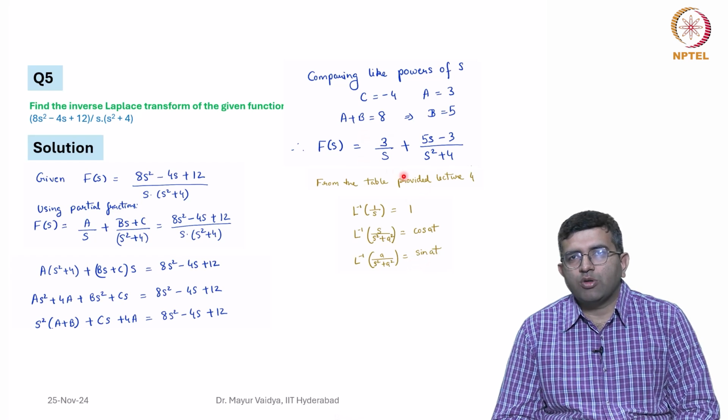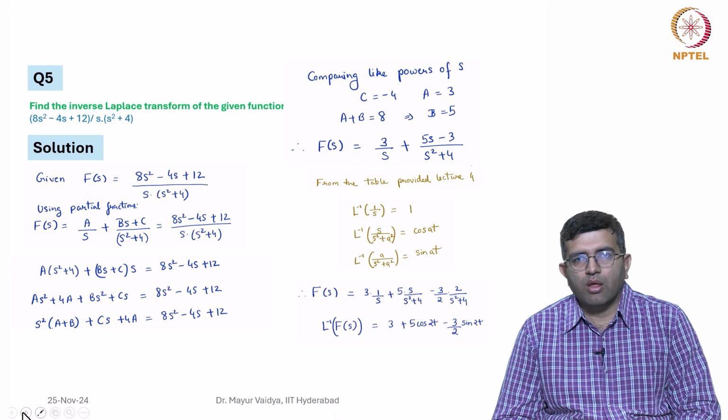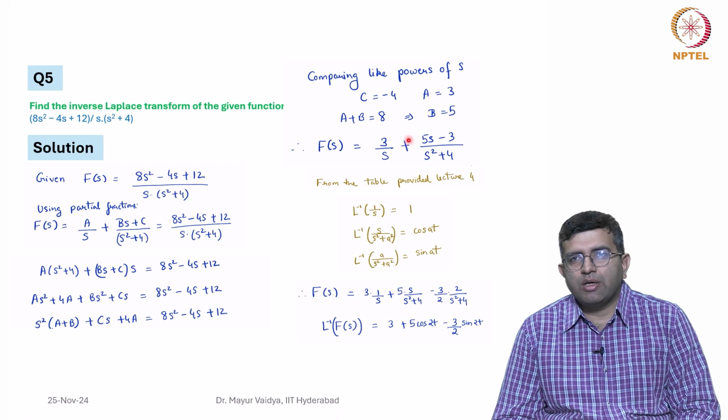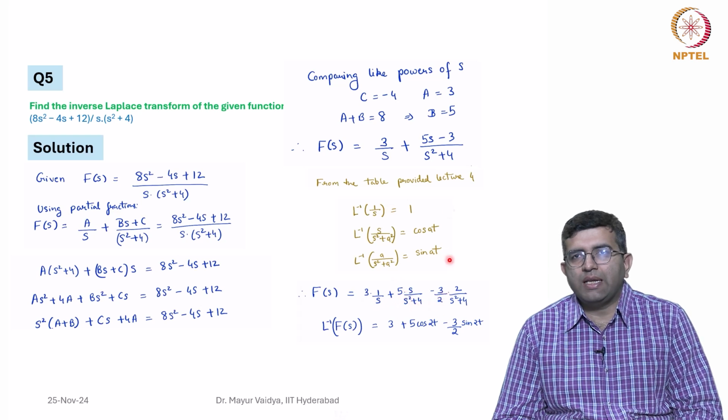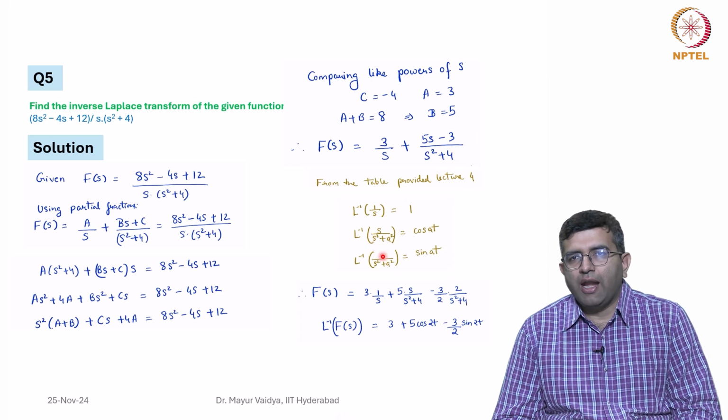Now if you want to apply this here, we just rearrange a little bit. We write 3 into 1 by s plus 5 into s by s square plus 4 minus, I multiply by 2 here and divide by 2, because this is s square plus a square and I should have a here as well. So I write minus 3 by 2 into 2 by s square plus 4.